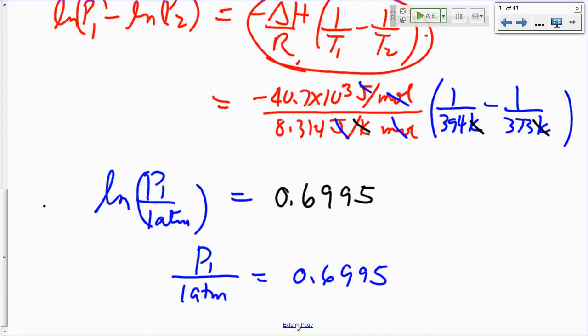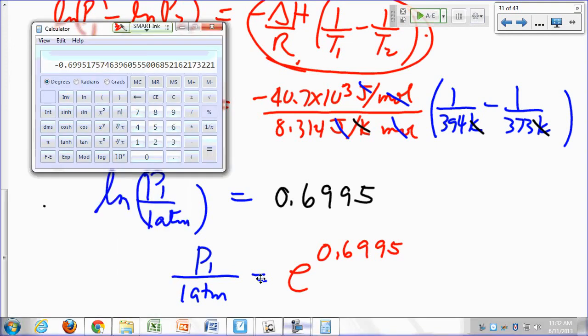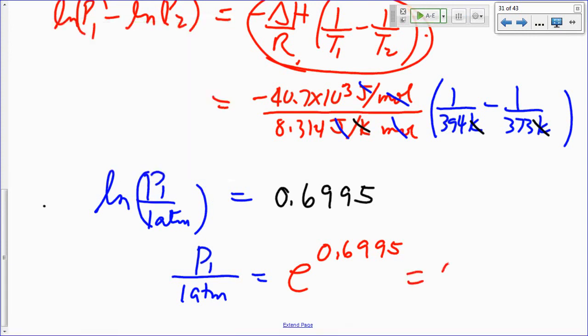Oops, sorry. Take the inverse log, right? So e to the 0.6995. So inverse e to the x, that's 2.012, 2.013.